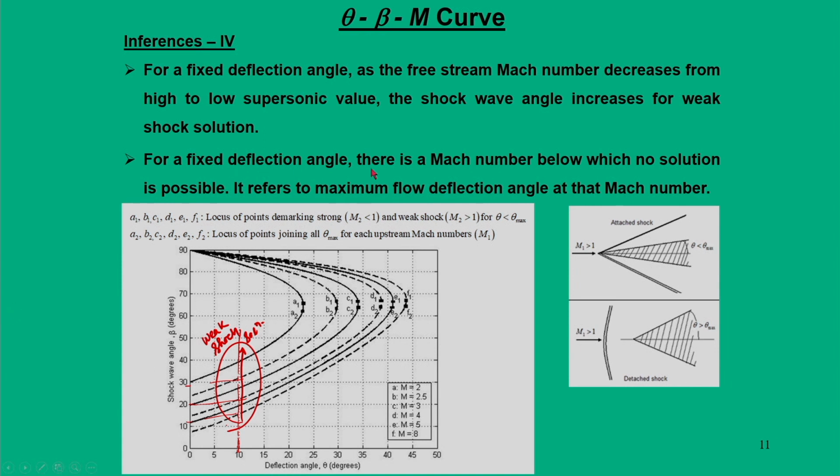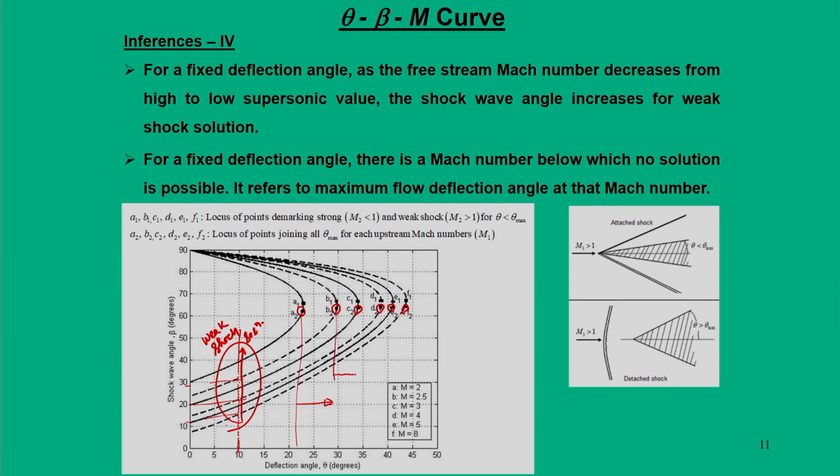Now, for a fixed deflection angle, there is a Mach number below which no solution is possible. It refers to a maximum flow deflection angle at that Mach number. That means, for each Mach number, these points A2, B2, C2, D2, E2 and F2 are fixed points, and beyond this value there is no oblique shock solution possible.